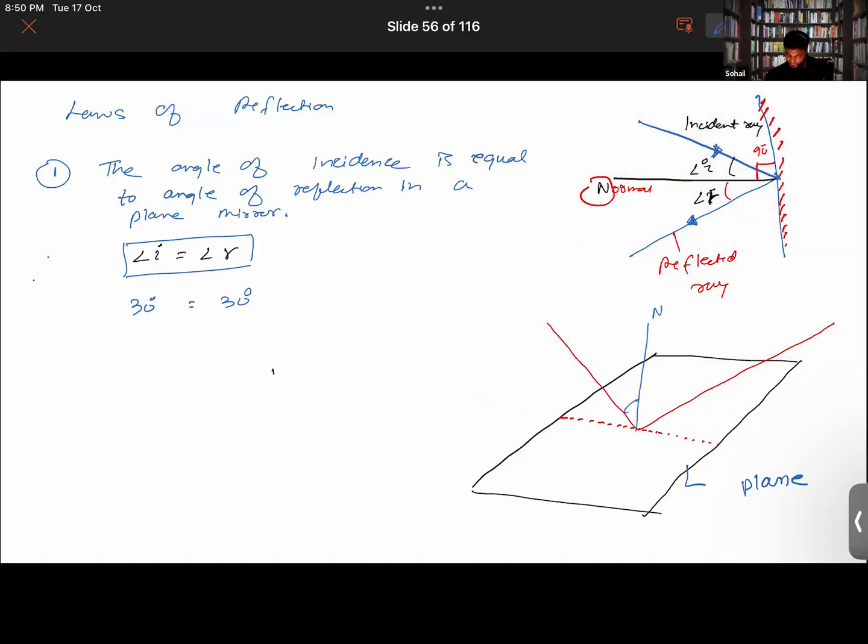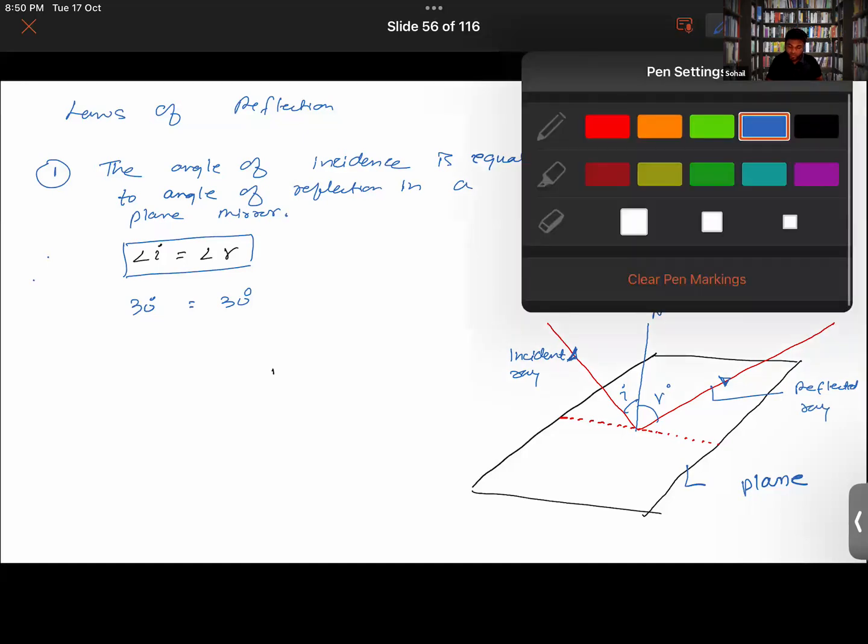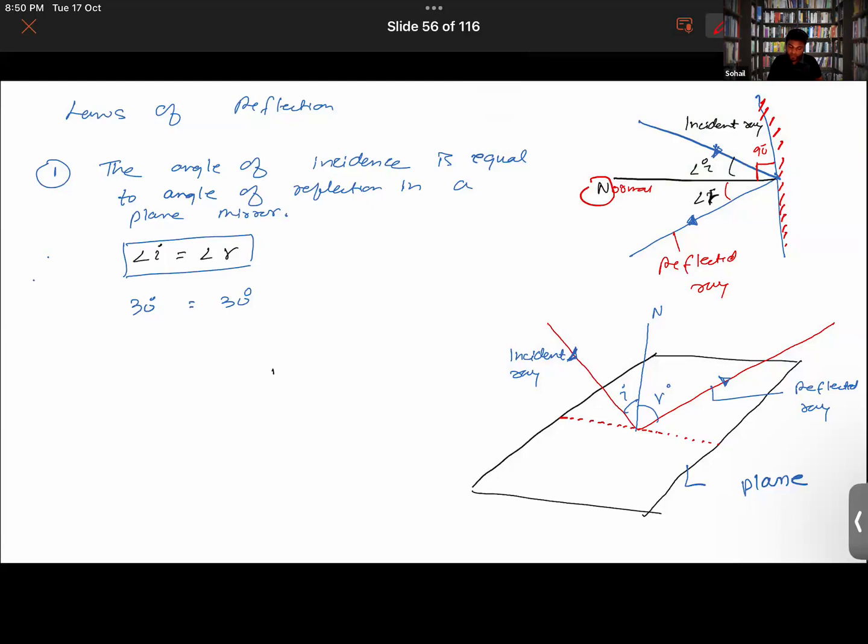So that is the angle of incidence. That is the angle of reflection here. This was the incident ray. This was the reflected ray. Let's name them incident ray and reflected ray. Now, here what happens?